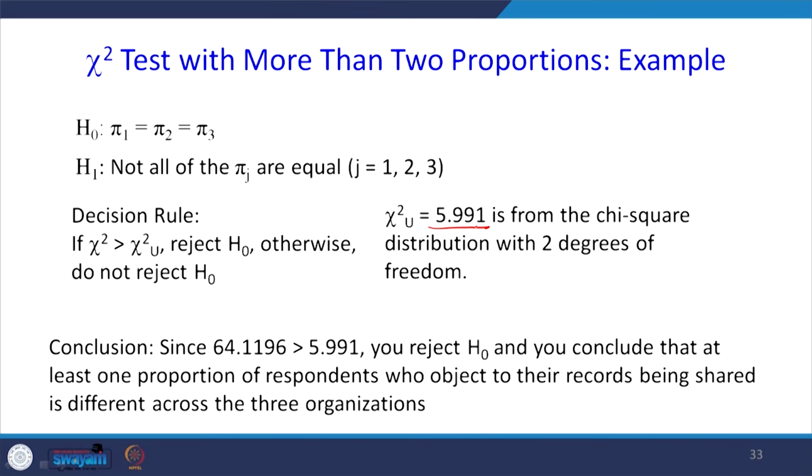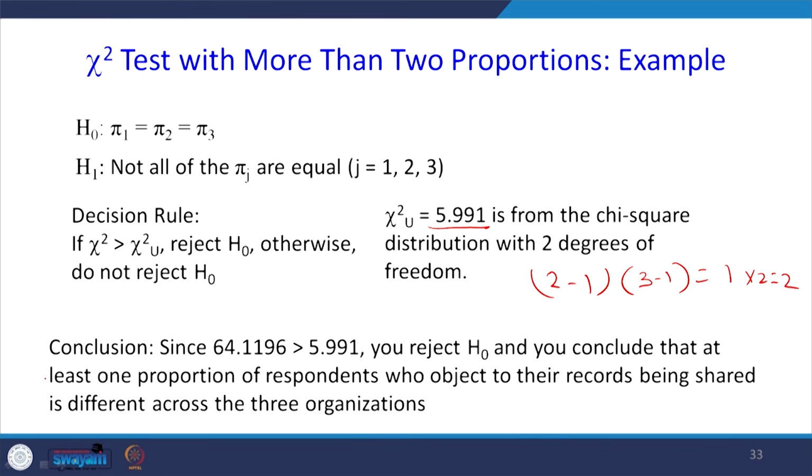You see that there are 2 rows, so 2 minus 1, and there are 3 columns, so 3 minus 1. So this is 1 multiplied by 2, which is 2 degrees of freedom. For 2 degrees of freedom, for the given alpha value, the chi-square value from the table is 5.991.